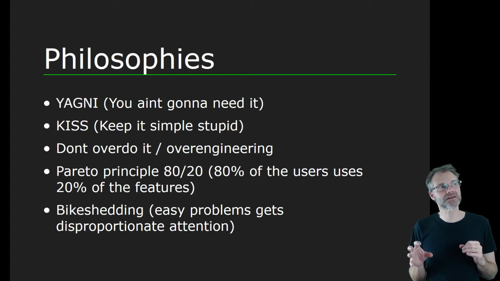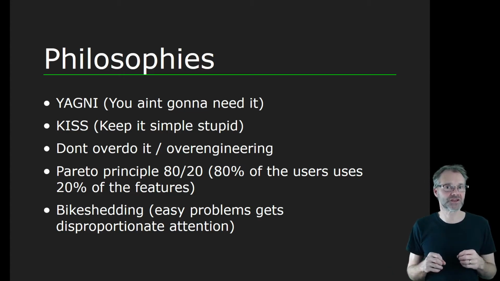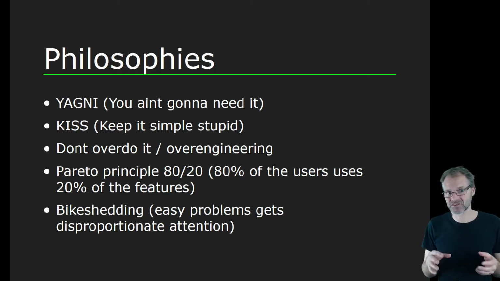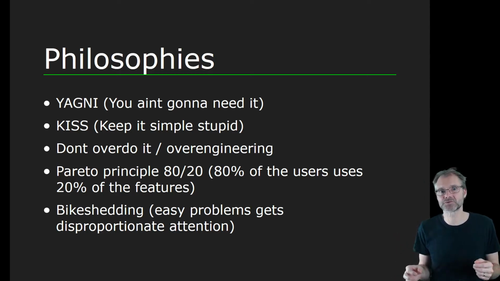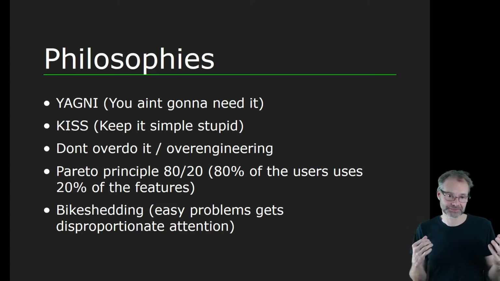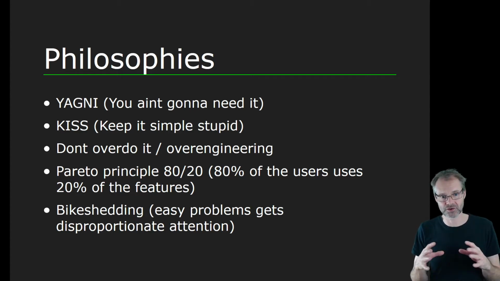We do applications and we put in a lot of nice features, but what is the actual usage for this application? Well, many times the Pareto principle is quite adequate to use in these things. 80% of the users will only use a small, tiny bit, let's say 20% of the application's features. So that is also something that helps us stay focused when we do problem solving. Don't problem solve too much.